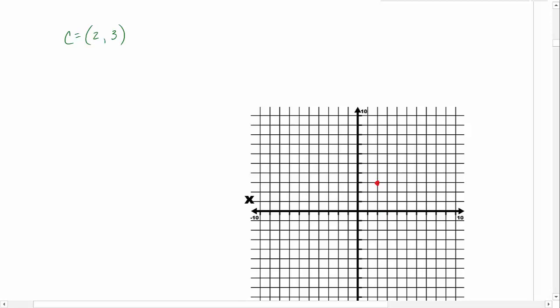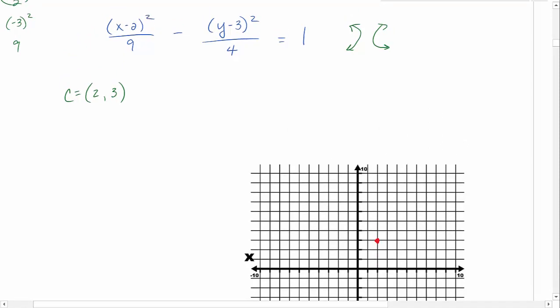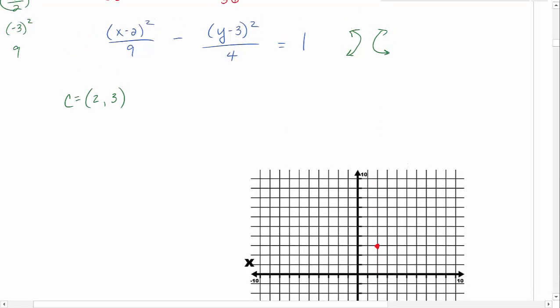From here, we want to create our rectangle, and we're going to use the square roots of 9 and 4 to create our rectangle. So the square root of 9 is 3. 3 is under the x, so we're going to build our rectangle by going 3 to the left and 3 to the right. Then we take the square root of the number under the y to know how far from the center we go in the y direction.